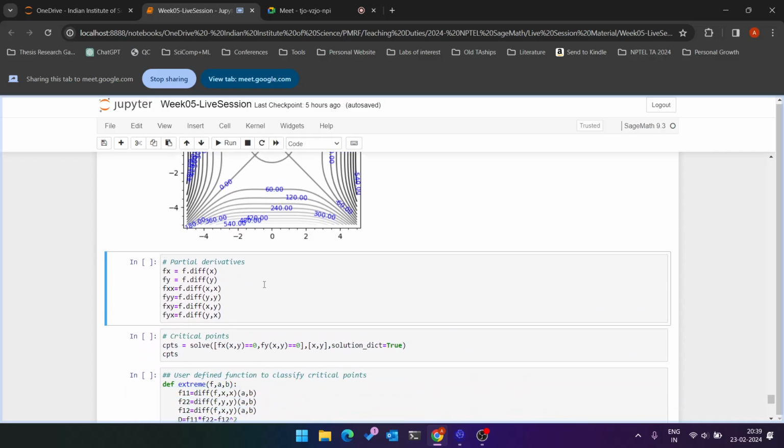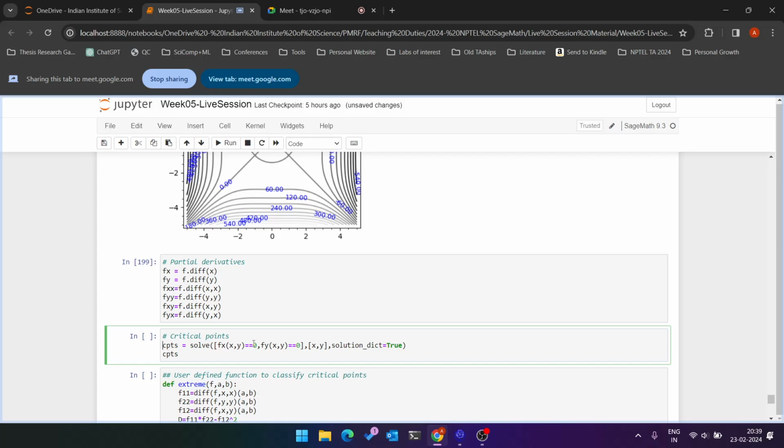So we will be calculating partial derivatives of f of xy with respect to x, with respect to y, and then the second partial derivatives. So I think this is quite straightforward.